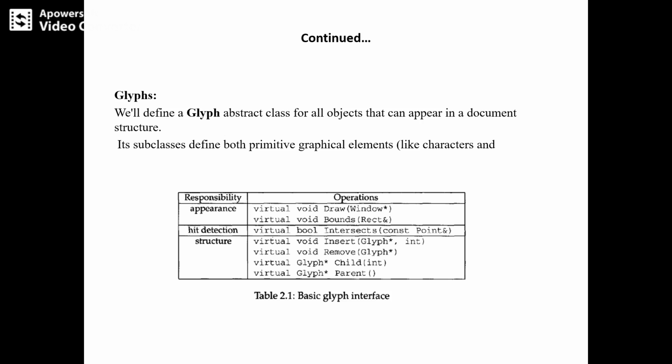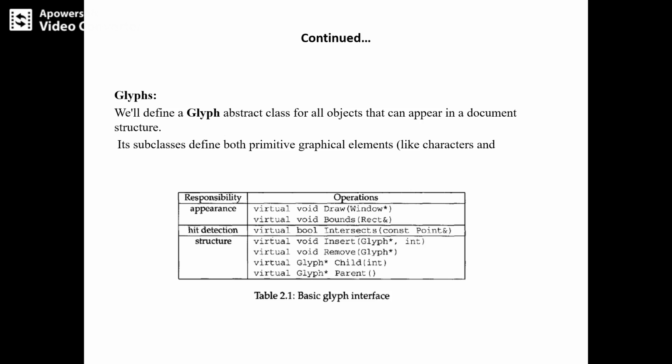We will see the responsibilities and all the operations of this basic glyph interface. Basically, appearance: we need to take what type of operation is required. The return type is virtual void draw window, another is bounds rectangle. These should be the appearance responsibilities of the glyphs.